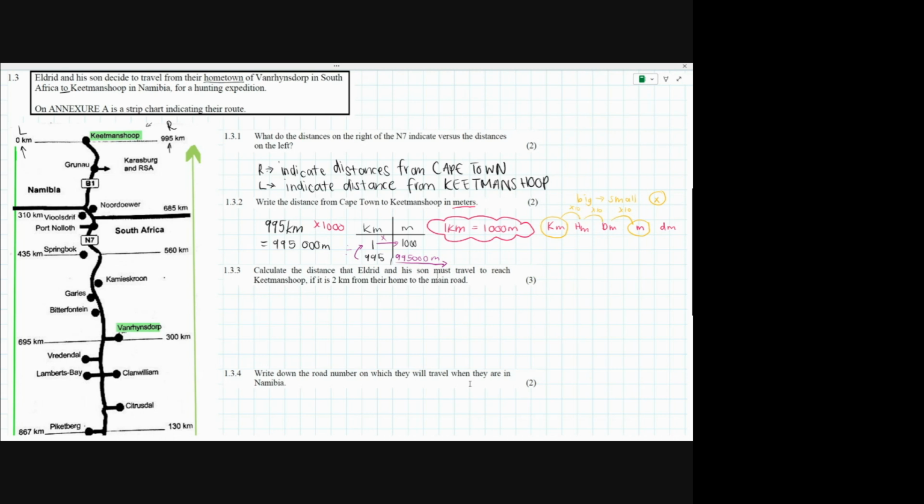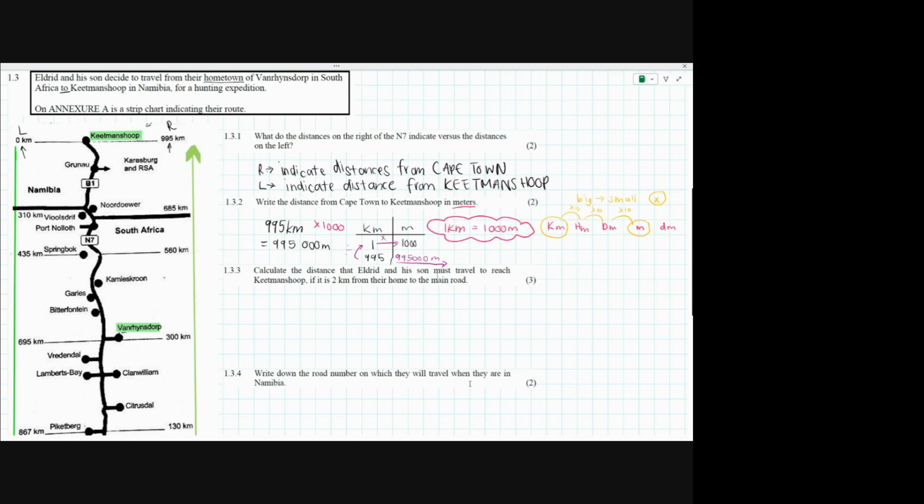Sometimes it is a bit tricky to know: should I be multiplying by 1,000? Should I be dividing by 1,000? Which operation should I be using? The trick method gets rid of that confusion for you. It's always going to be divide up, times across. As long as you know your conversion, you plug it in and you get it. You don't even have to think about whether you should times or divide.